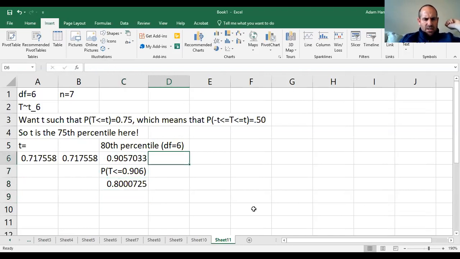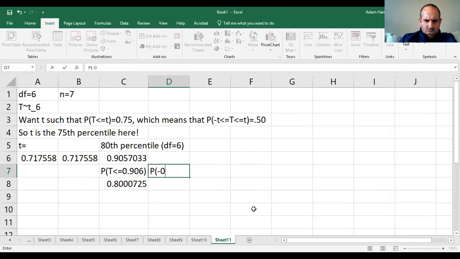But again, what if I wanted it to be a 2-tail situation? You know that the probability that negative 0.906 is less than or equal to t is less than or equal to 0.906.